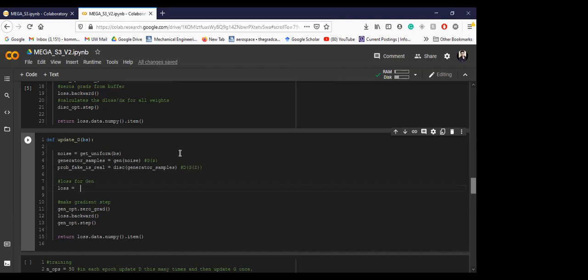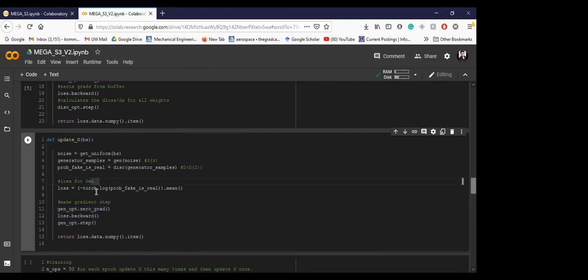And let's write the loss function for a generator. So this is trying to maximize the log of the probability fake is real. And then we take the mean for the expected value. So again, these three steps are to update.